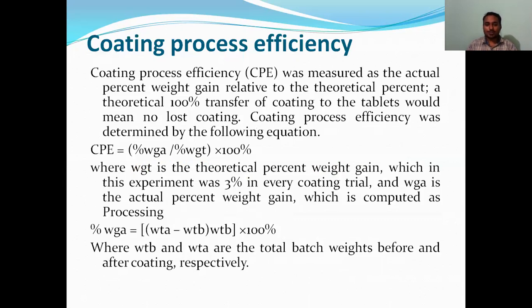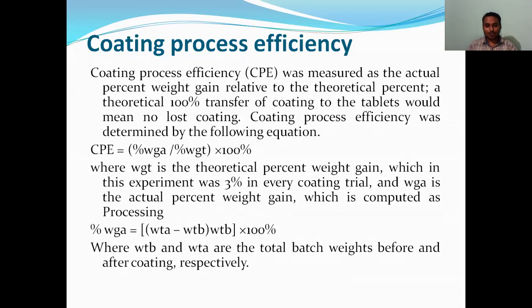Coating process efficiency, also called CPE, was measured as the actual percent weight gain relative to the theoretical percent weight gain. A theoretical 100% transfer of the coating to the tablets would mean no loss of coating.